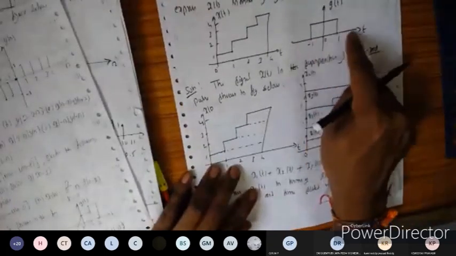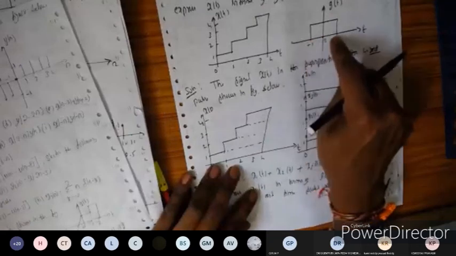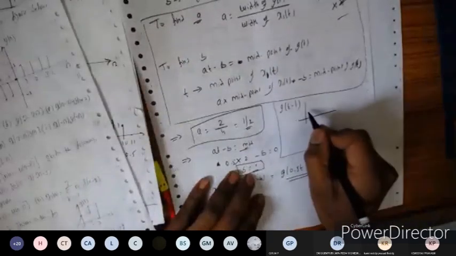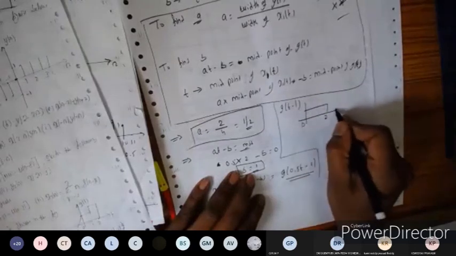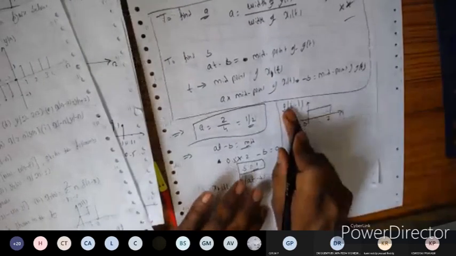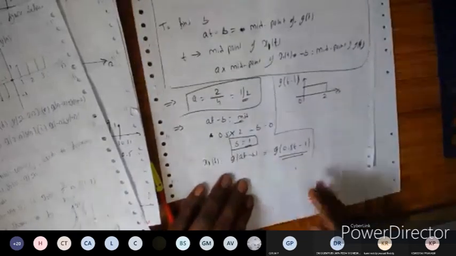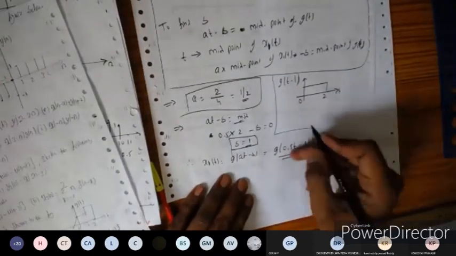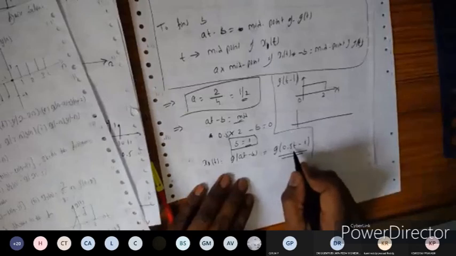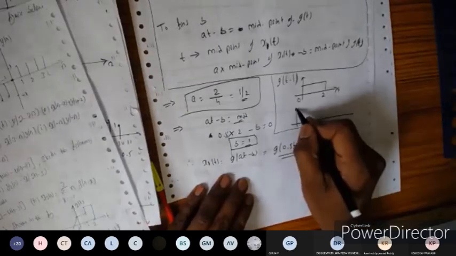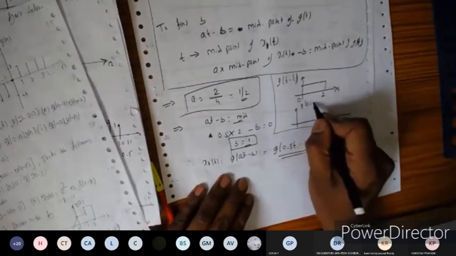So g of t is defined from -1 to +1, and I'm going to shift it towards the right side by 1 unit. So it will become 0 to 2. So this is g of t minus 1. Now I'm going to perform the scaling operation, where a is 0.5. So this is g of 0.5 t minus 1.